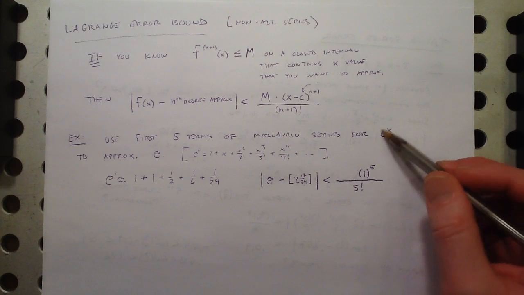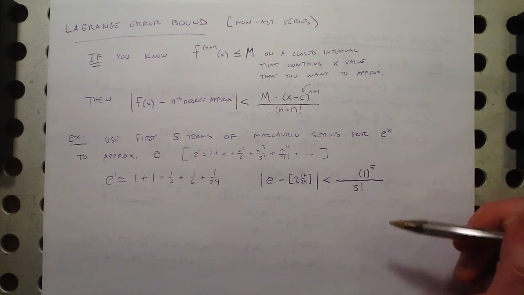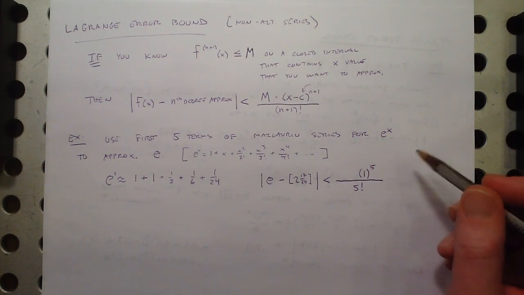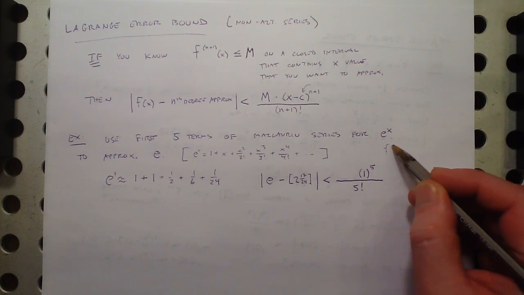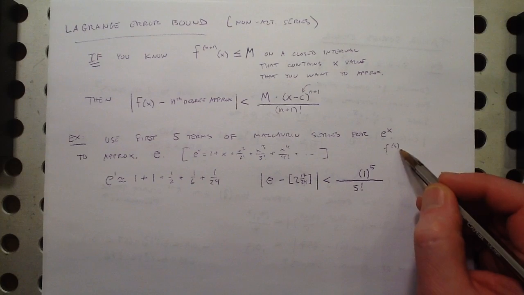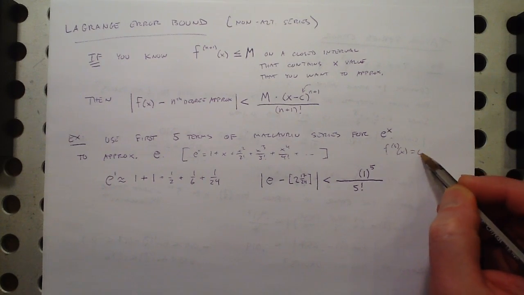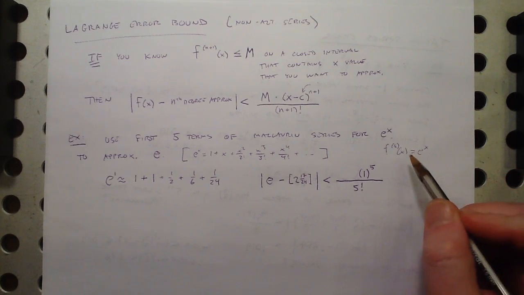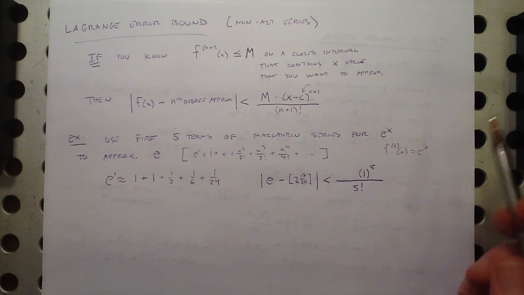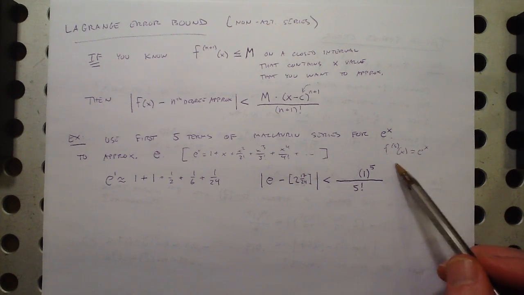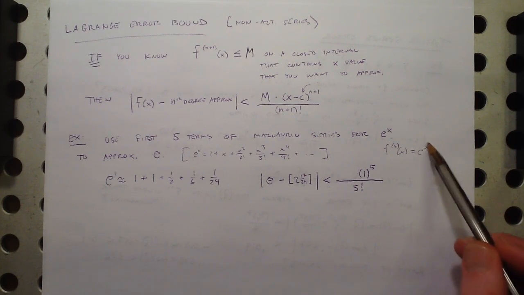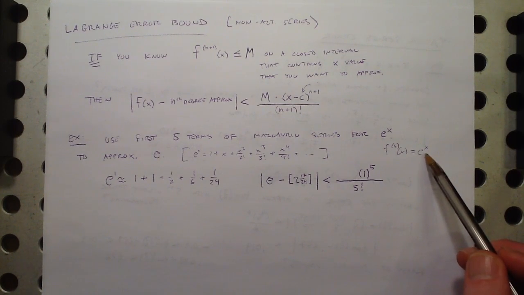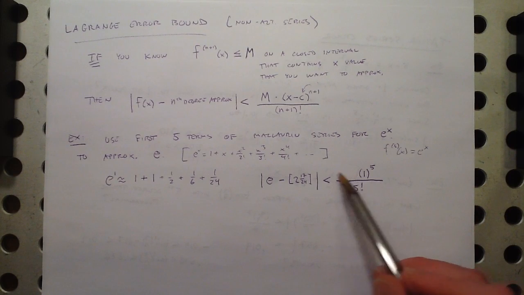Well, the thing about e to the x is all the derivatives of e to the x are just e to the x. So the 5th derivative of my function is just e to the x. And on an interval containing 1, if I thought about the interval from, like, say, 0 to 1, this is increasing, and I know that e to the 1 is just e. And now, I don't want to use the value e to approximate e.